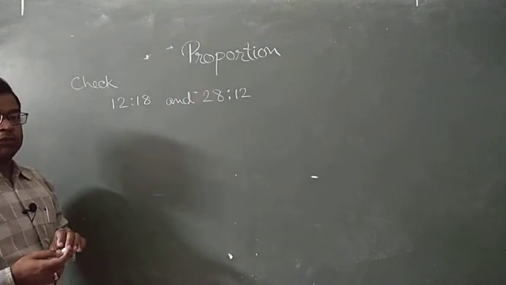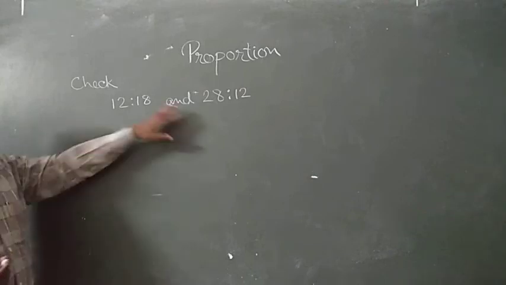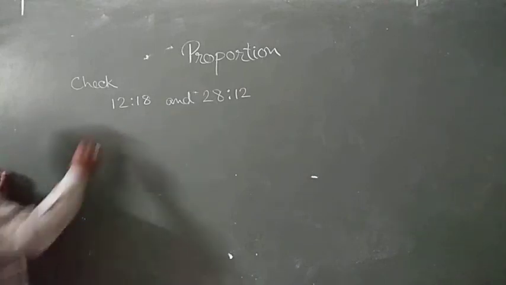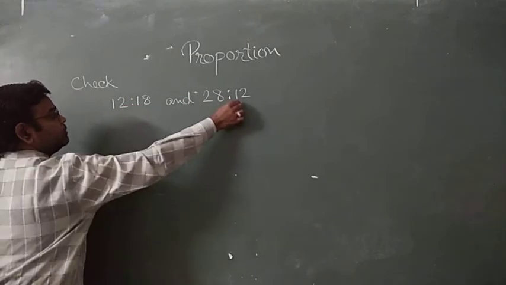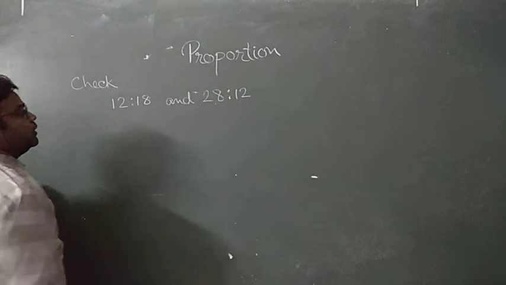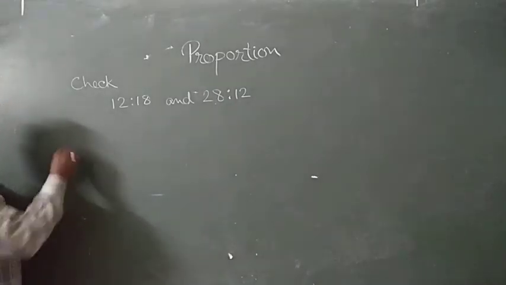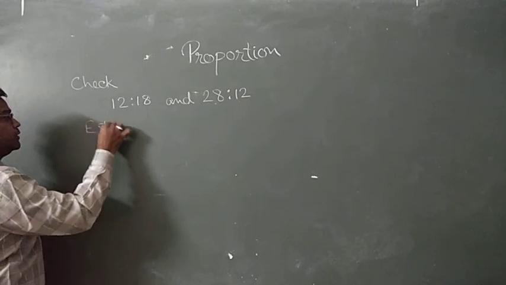For solving this, we observe that if they are in proportion, then these two are extremes and these two are means. Clear? So first we find the product. You can write down what the extremes are.